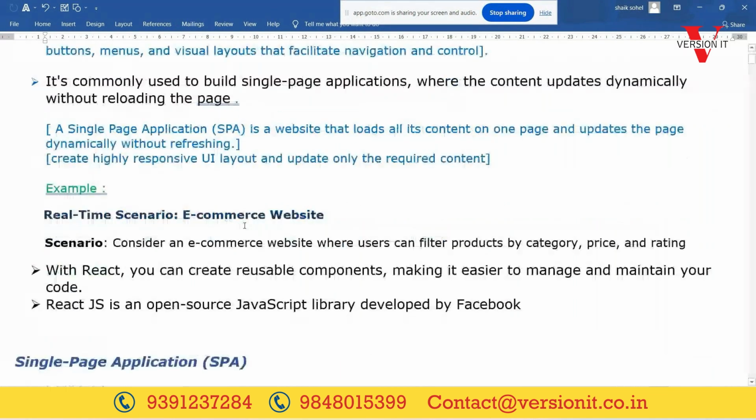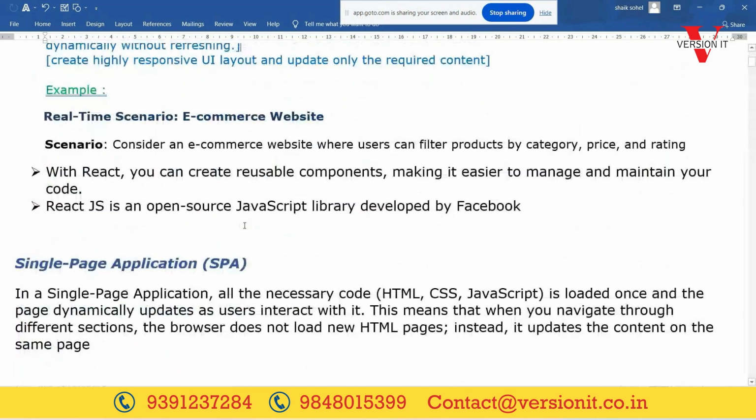One e-commerce website. Just now I showed you about Mitra. Take one scenario: consider an e-commerce website where the users can filter the products by price, rating, and category. That is also a single page web application.